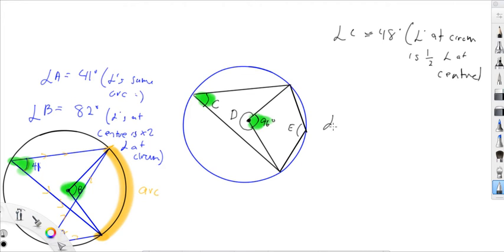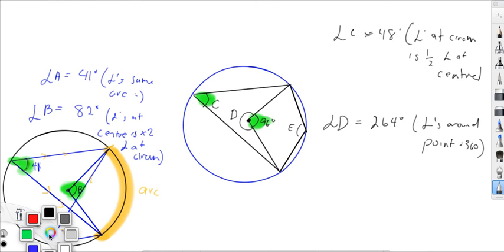angle D, and this here is an older rule: angles around a point. So angle D is equal to 264 degrees because angles around a point equal 360. And then we have this angle here, E, which is actually matching with that center angle.